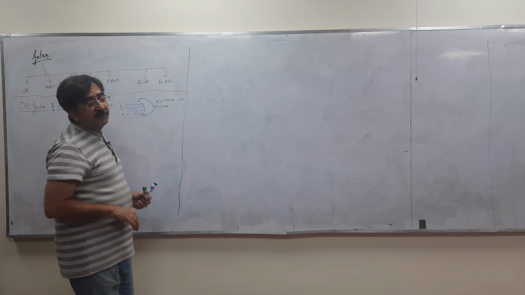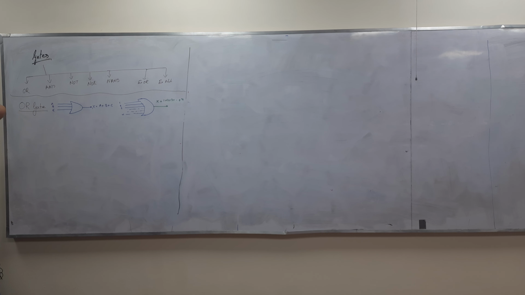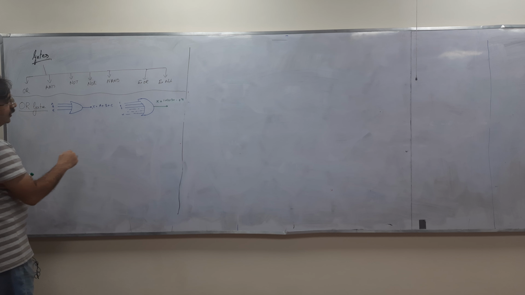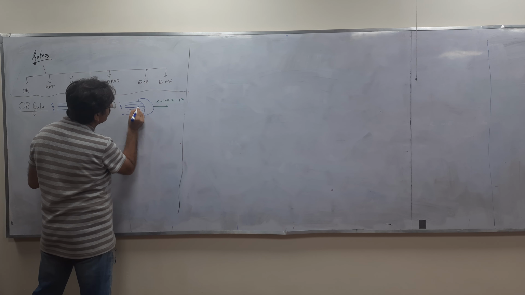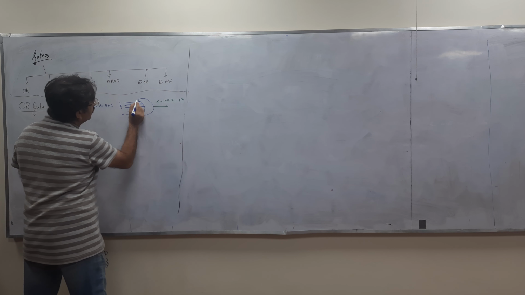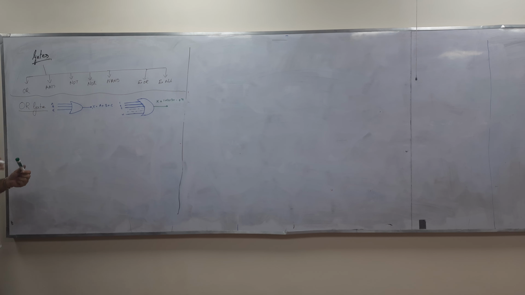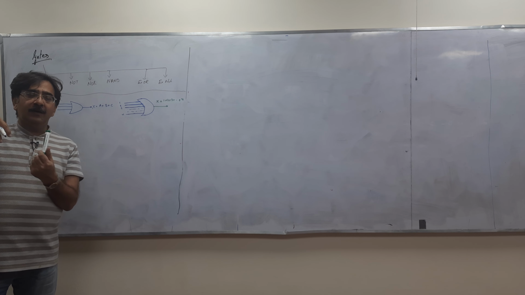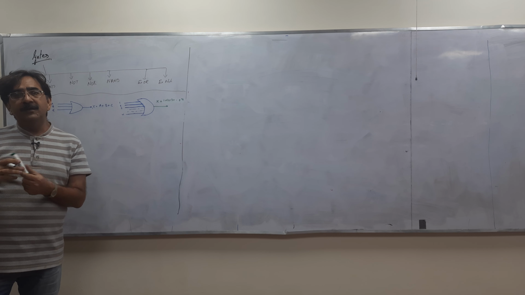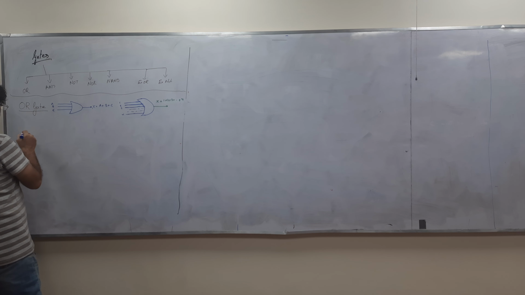What is the meaning of this logic gate? This logic gate means that if any input is high, so OR gate means if any one is high, any voltage is high, then the output will be high.